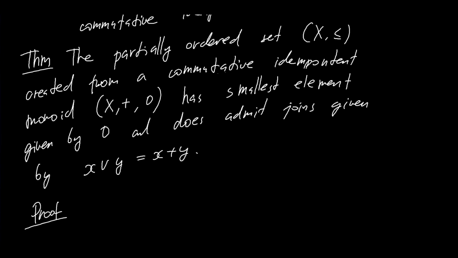So we want to prove that 0 is the smallest element, right? But remember how less or equal was defined? We defined A less or equal to B to mean that A plus B, I'm now switching from dot to plus, equals B, right?